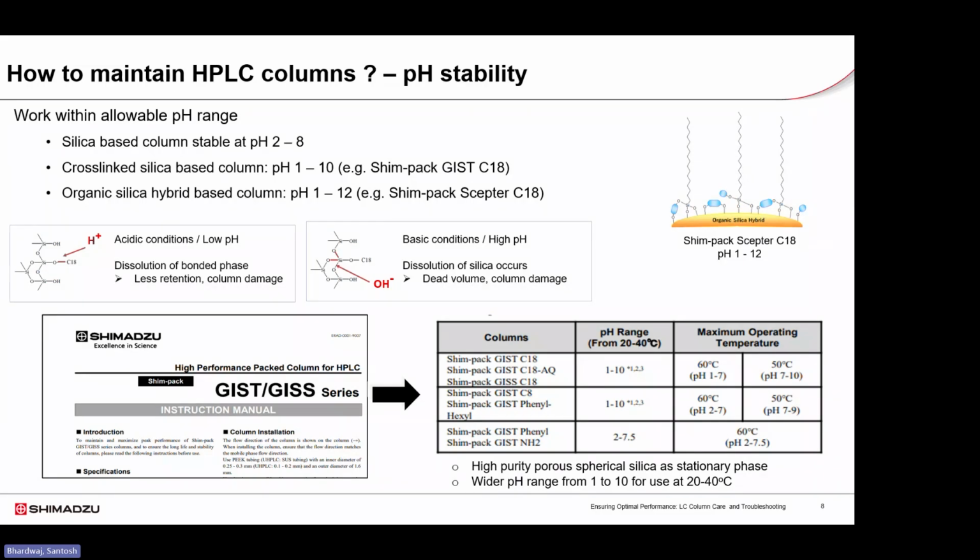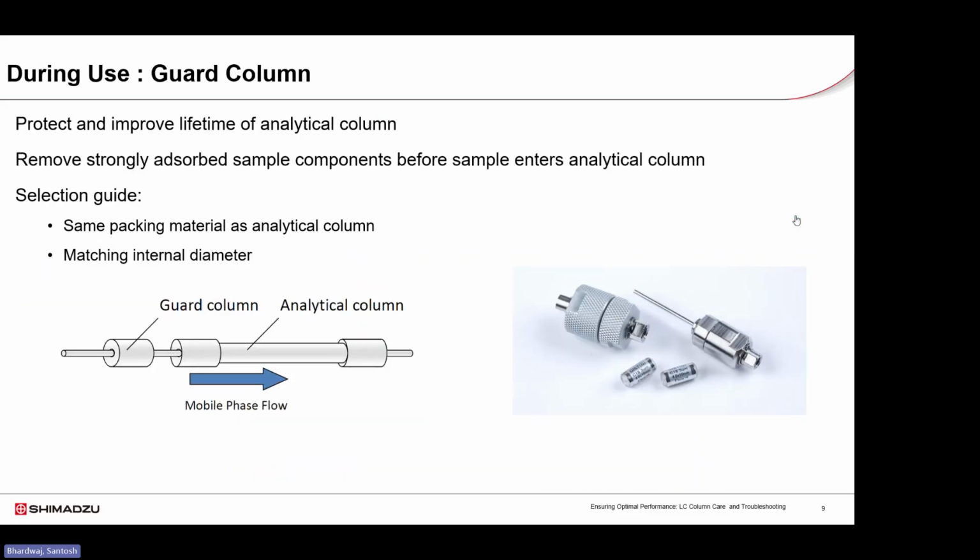Operating outside these limits can cause bonded phase loss, silica dissolution, voids, and reduced retention or selectivity. The analyst should also consider the analyte's pKa and ensure the buffer has adequate capacity to maintain a stable pH throughout the run. By maintaining pH properly along with temperature control, we can significantly extend the column life and prevent irreversible damage to the column.